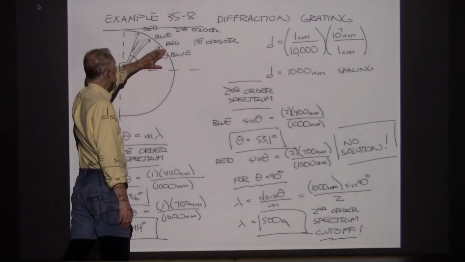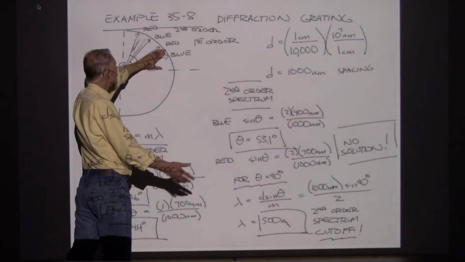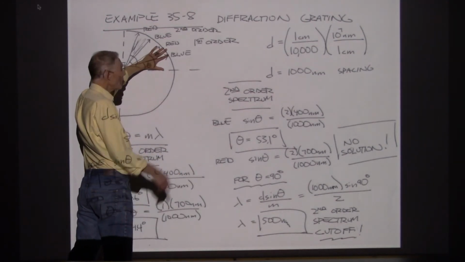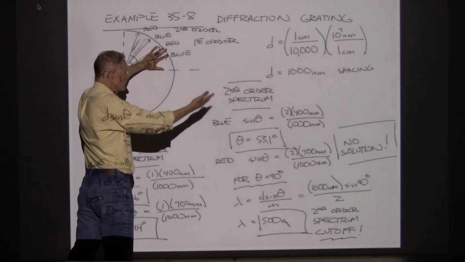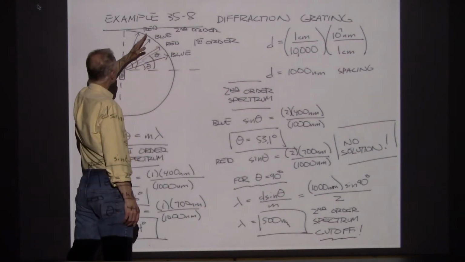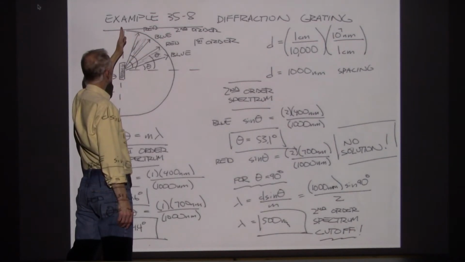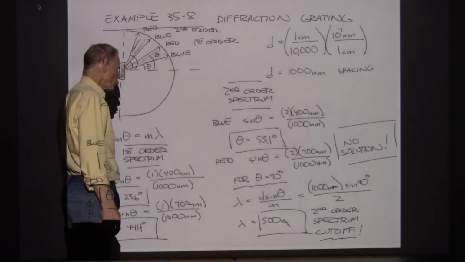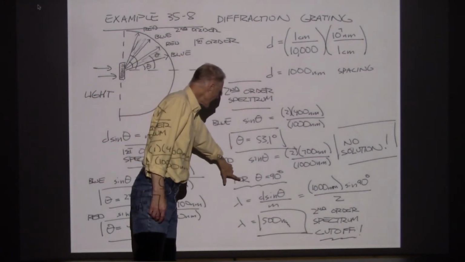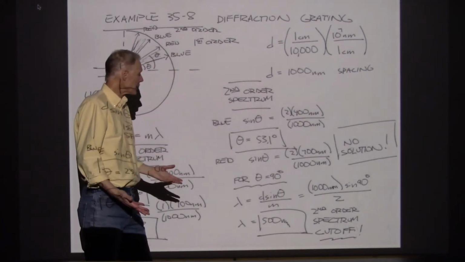So for the first order spectrum, we got the complete first order spectrum from this diffraction grating, from this multiple slit device. The second order spectrum started. I got blue, but then I hit 90 degrees before I got to 700 nanometers. So we can back solve and ask, well, how far did we get?